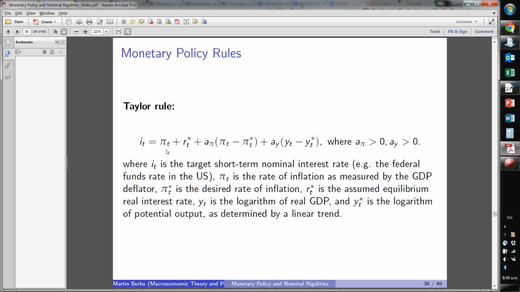Why? Because the whole point is that the real interest rate should rise. If inflation goes up by 1%, and nominal interest rates rise by the same 1%, then the real interest rate, which is just the difference between the two, is not going to change.